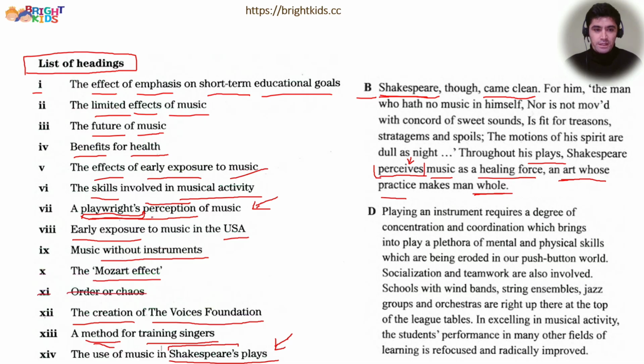This is about the playwright's perception of music, his understanding of music. So in the paragraph it also says Shakespeare perceives music as a healing force. So this is actually about Shakespeare's perception of music, right? So the correct answer is this paragraph. So let's match it with B.